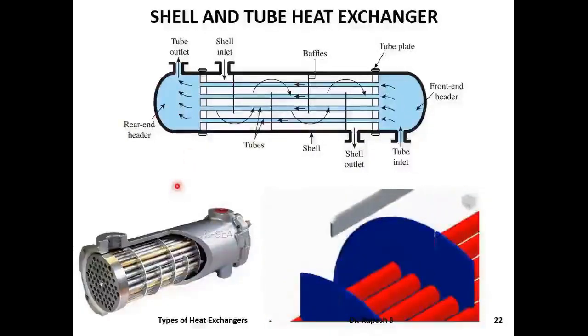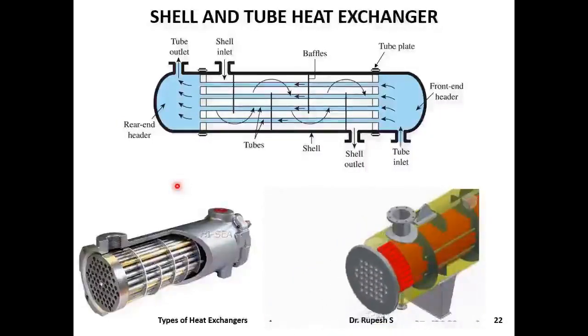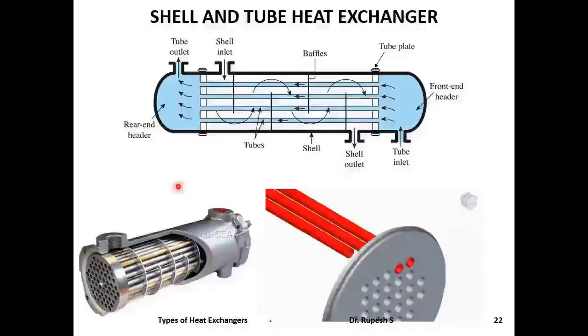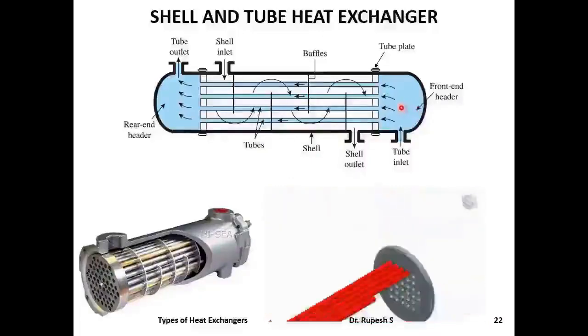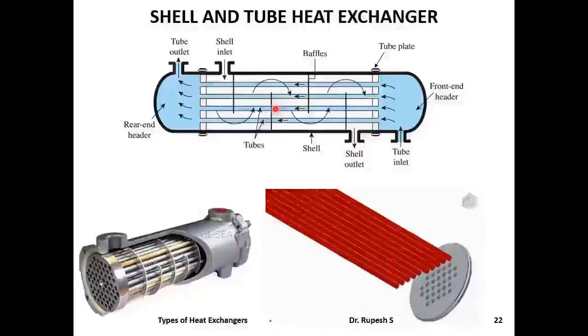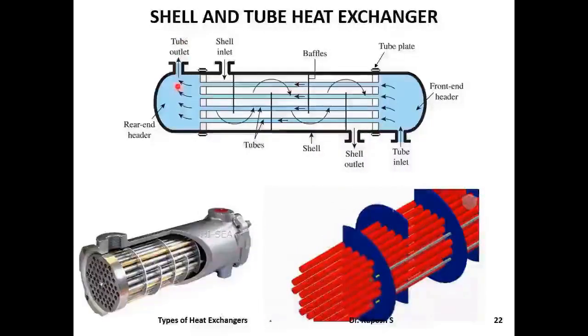In a shell and tube heat exchanger there are two fluids. One is the shell fluid that flows through the shell and the second is the tube fluid which flows through the tube. The tube fluid enters into the tube from the front header, flows through the tube, and at the exit of the tube, fluid is collected and taken out from the rear header.